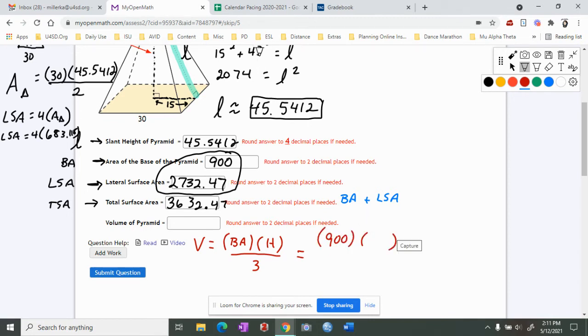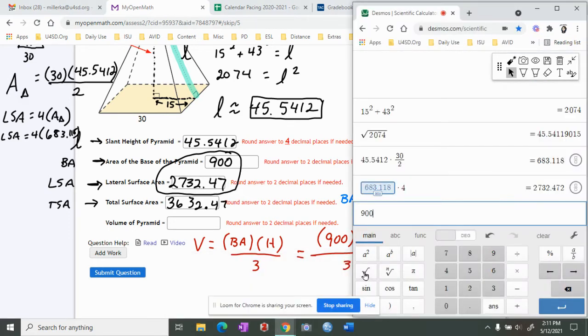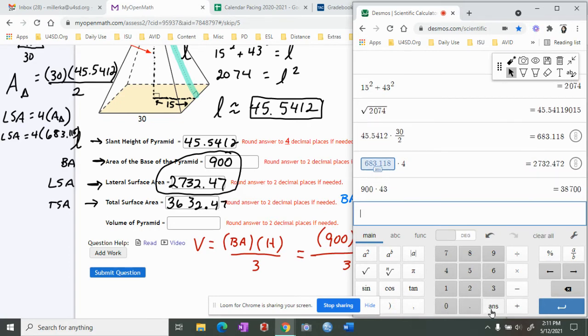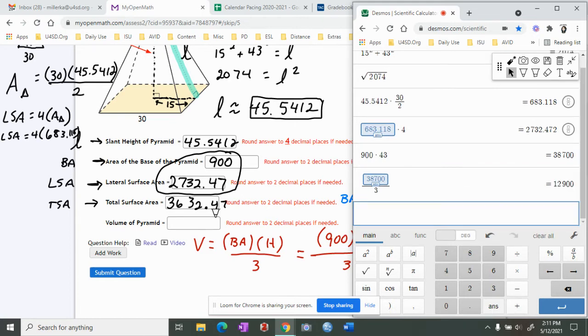My perpendicular height was 43, and then divide by 3. So multiply this together, 900 times 43, and then that answer divided by 3 is 12,900.